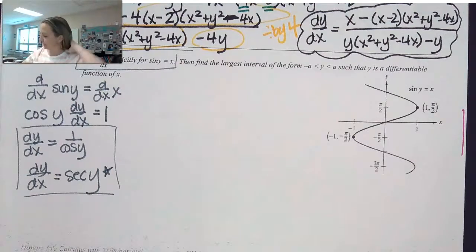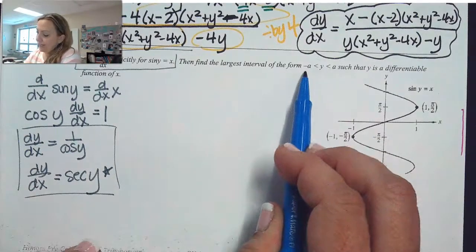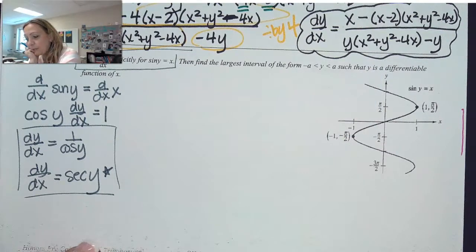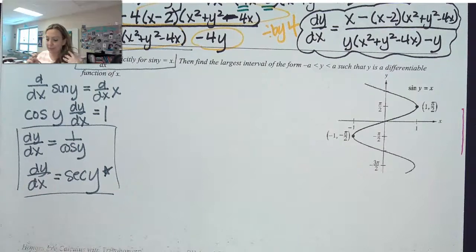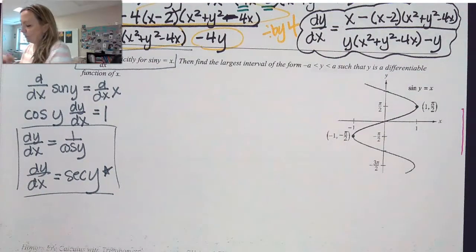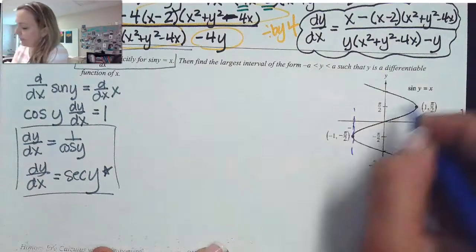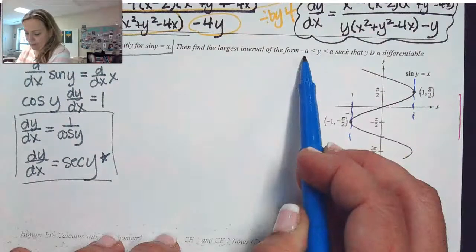The next thing it asks us to do is to find the largest interval of the form where y is between negative a and a, such that y is a differentiable function of x. Well, there are some issues when we have the vertical tangents, right? So here we have some issues. It wants us to have a negative value to a positive value.